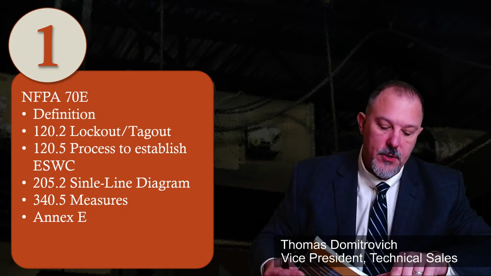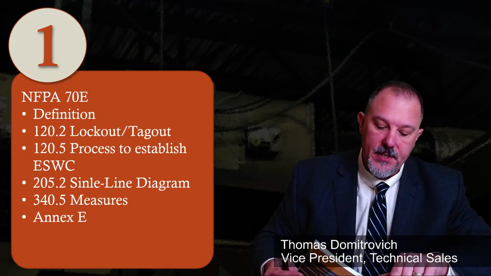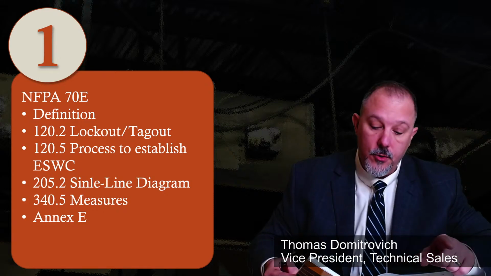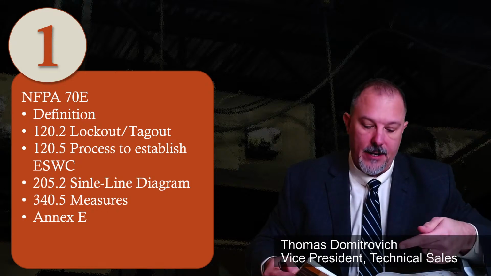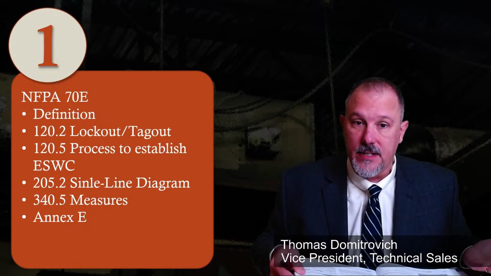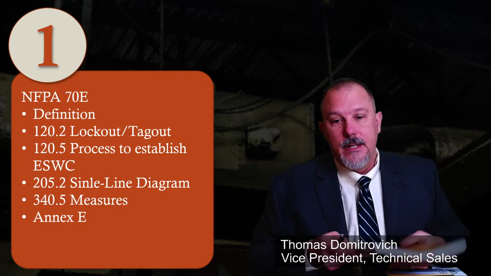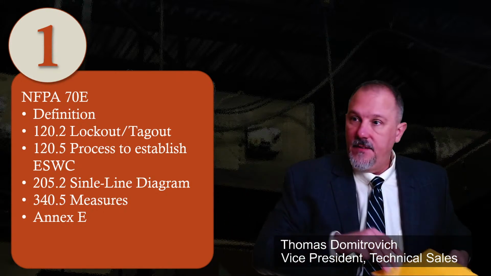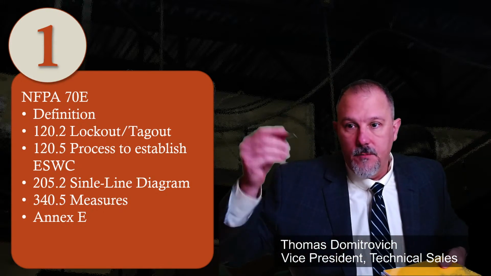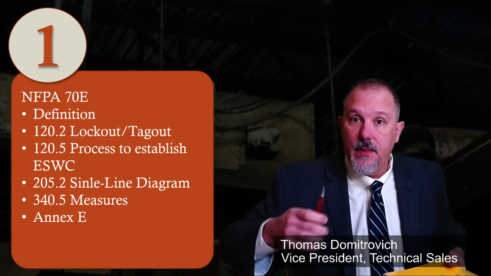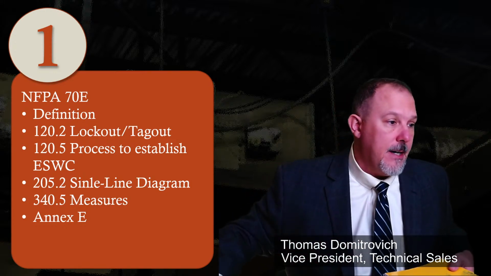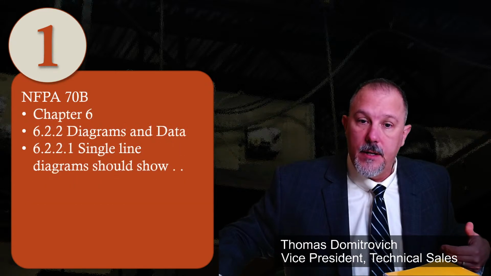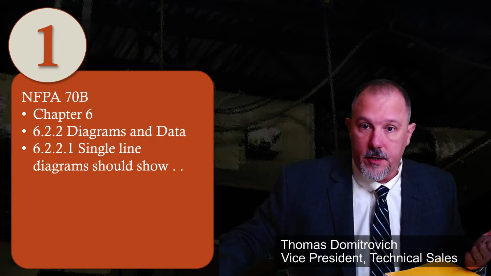A lockout tagout procedure shall be developed on the basis of the existing electrical equipment and system and shall use suitable documentation, including up-to-date drawings and diagrams. That's all it says, up-to-date drawings and diagrams. So in 70E there are numerous references, but again, the one line diagram helps facilitate establishing an electrically safe work condition.